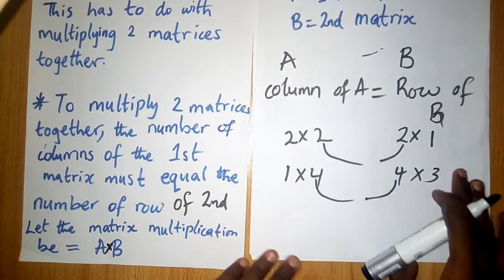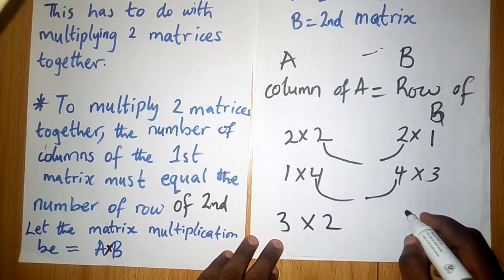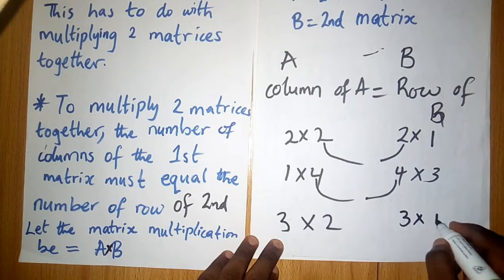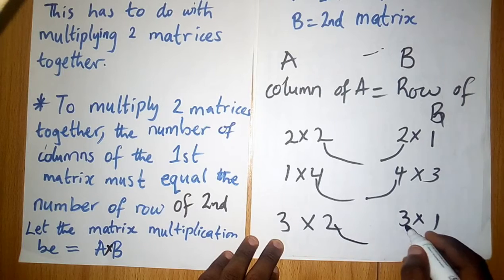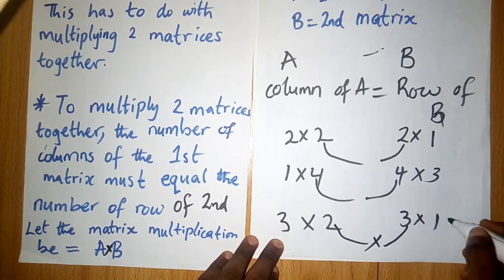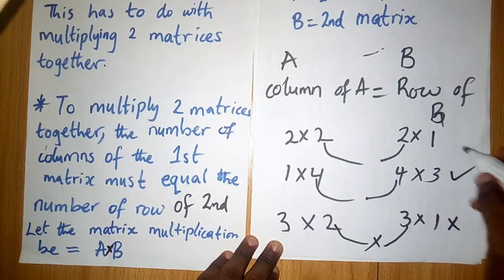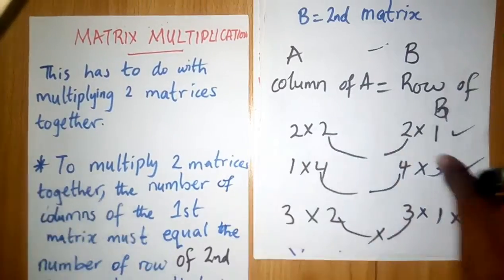But when we have 3 by 2 and then 3 by 1, you see that column is not equal to row, so you can't multiply this together, but the others you can. So that was the condition for matrix multiplication.